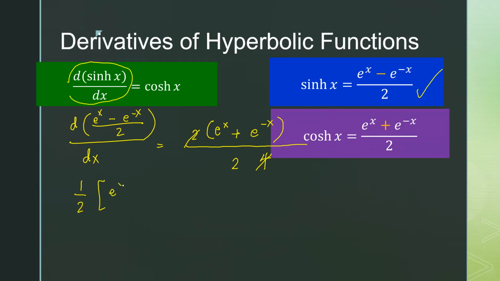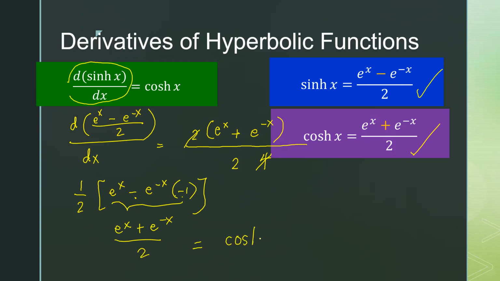So we'll have e to the x minus e to the negative x times negative 1. So this will become e to the x. Magiging plus na tong because of the negative 1 there. Tapos all over 2. And then that is exactly the same as your cosh x. So that means this derivative is just equal to the hyperbolic cosine of x or the cosh x.